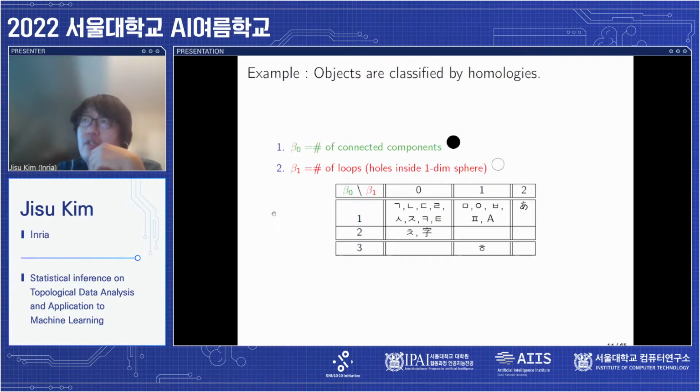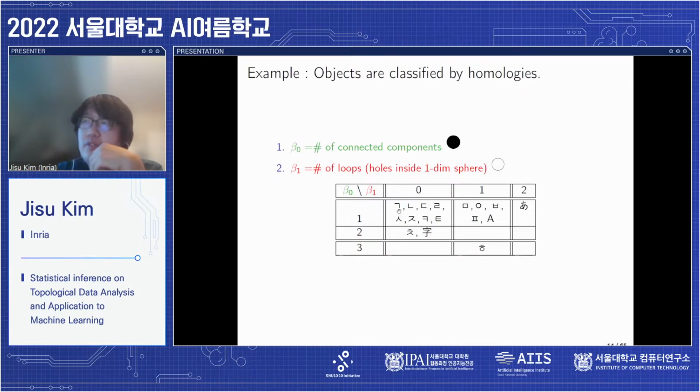So this is the result of the classification by homologies. So here, Betti 0 is the number of connected components, and Betti 1 is the number of loops here.